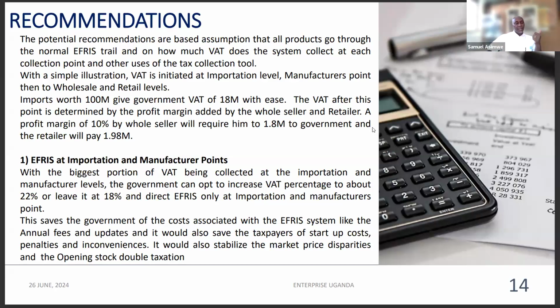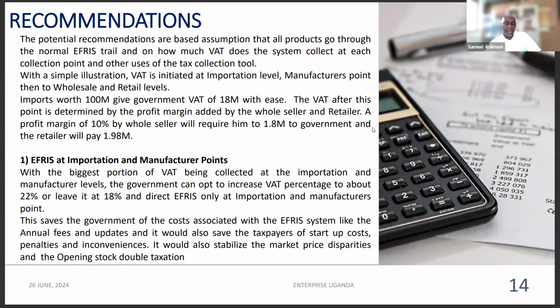But in this way, the government can save, because I'm sure the government must have paid a lot of money for every system, and it must be paying annual fees and updating fees. I mean, annual maybe. I'm not very sure of that, but I am sure it pays for this system. So it would also save the taxpayers from the startup costs as we have looked at them.